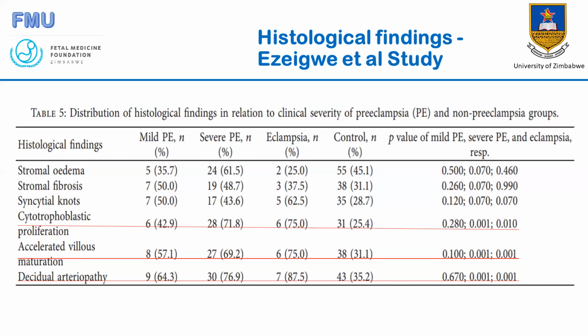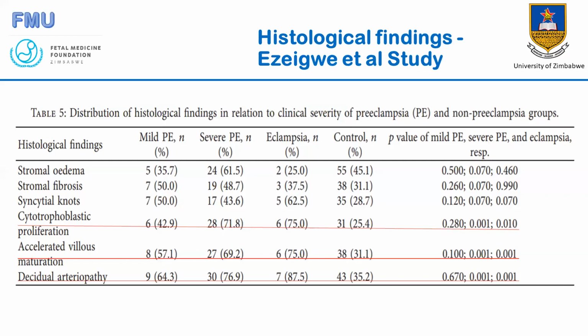So for cytotrophoblast proliferation, it was statistically significant for the 28, contributing 71.8% with a p-value of 0.001, as well as for the eclamptic group, 6, with 0.001.